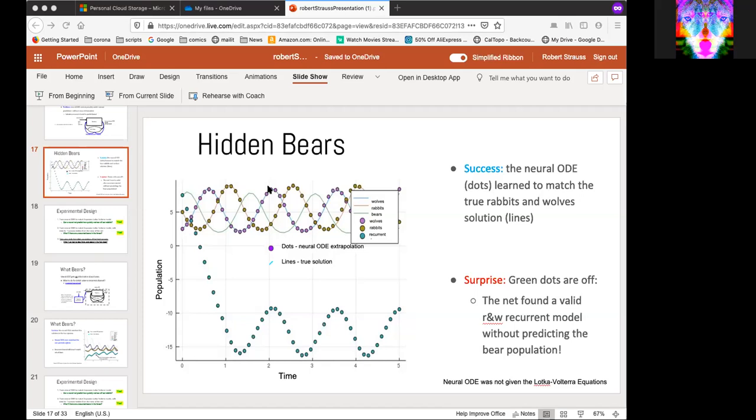What if you, instead of adding a third species, the kind of predator in a predator-prey relationship, what if you added a completely independent kind of third factor like climate data or something? Yeah, that's a good question.